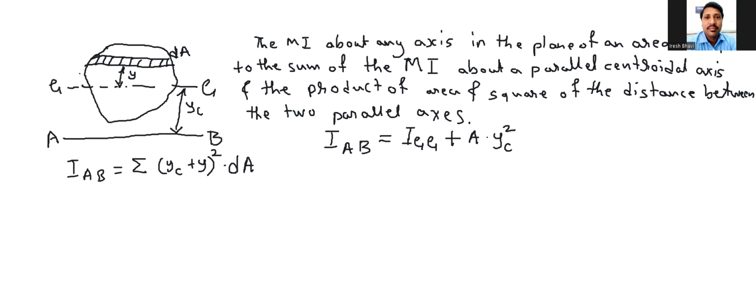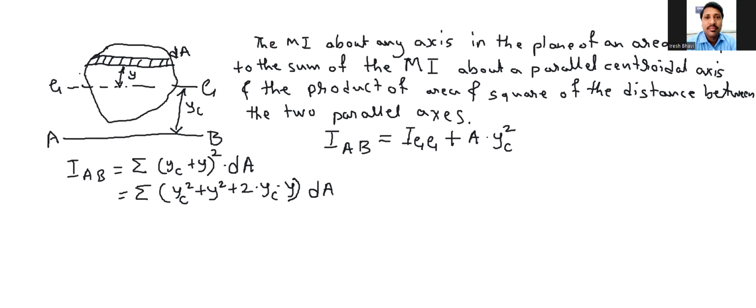Now let us split it. (YC plus y) square is like (a plus b) square, which expands to a square plus b square plus 2ab. Hence, (YC plus y) square is YC square plus y square plus 2 into YC into y, into dA, keep it as it is.